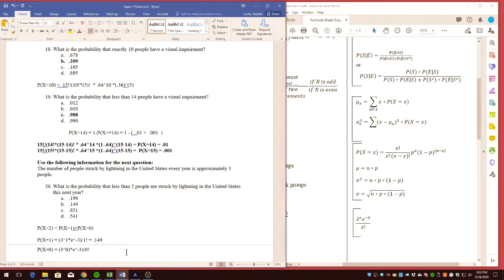I missed my to the power sign. Sorry about that. So this one I get about 0.049. Is that correct? Yep. So if I want the probability that less than 2 people, well, I have to add these together. So I'll take 0.149, add that to 0.049.